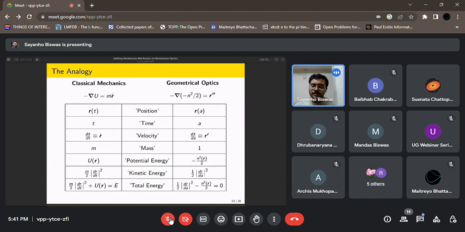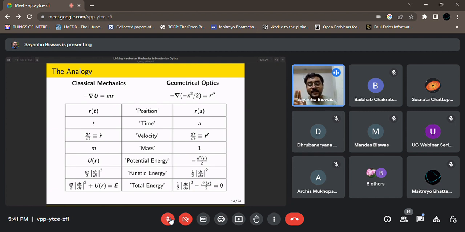So you can see two very strong restrictions in the geometrical optics analogy. What are the restrictions? First, mass cannot be varied. It is a single constant, which is 1. And second, energy cannot be varied. It is also a single constant, which is 0.